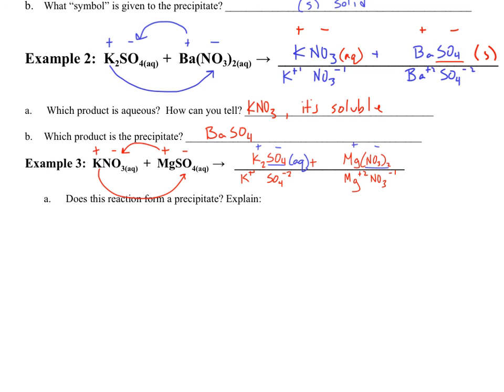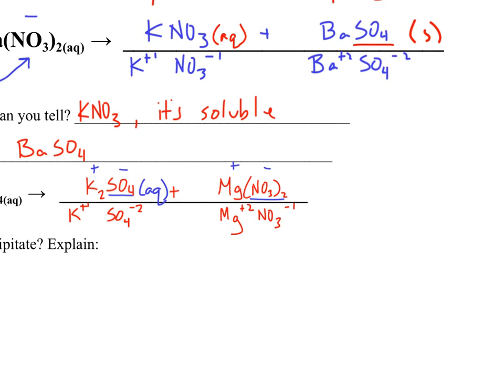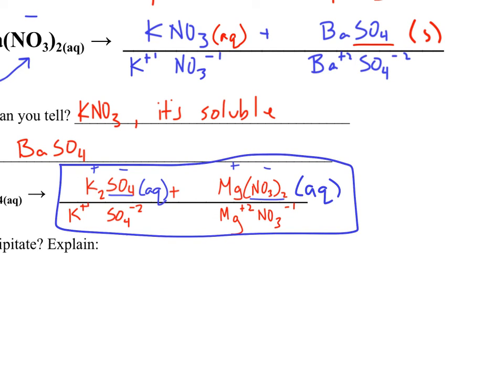I'm only looking at nitrate. So if it doesn't have any exceptions, it is always going to be soluble as well. So this gets AQ. Well, both of these are soluble now. Magnesium nitrate is aqueous. So that means they are both aqueous.